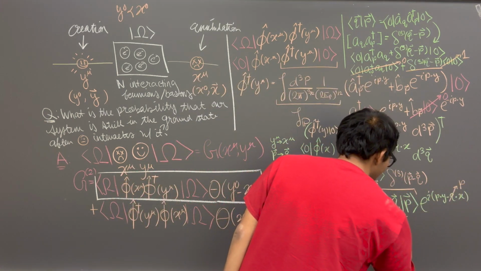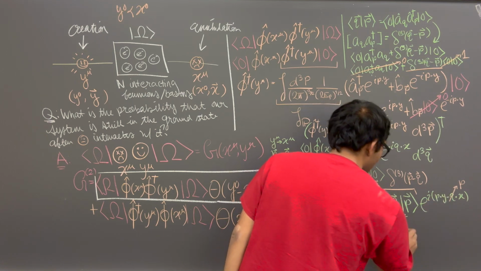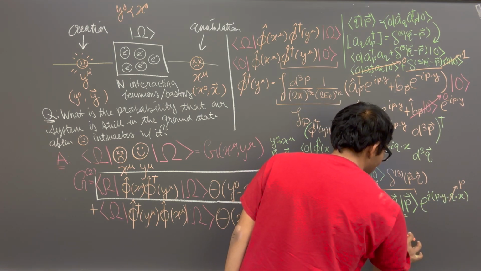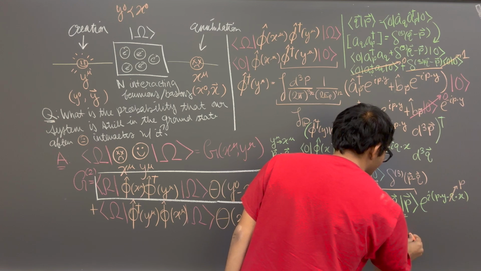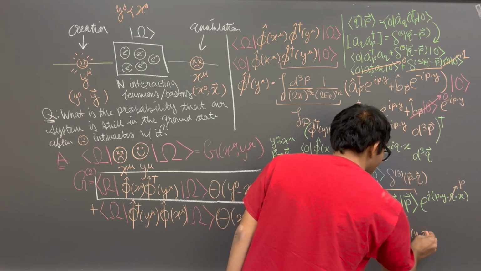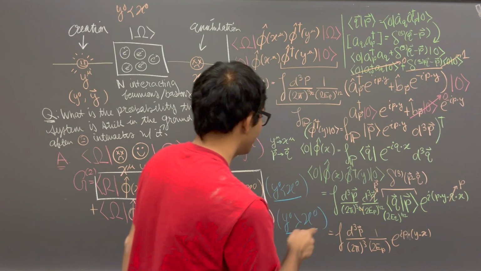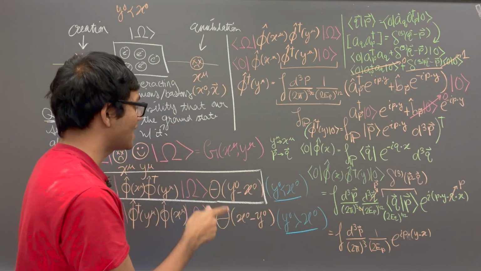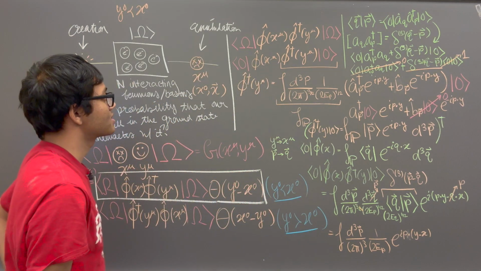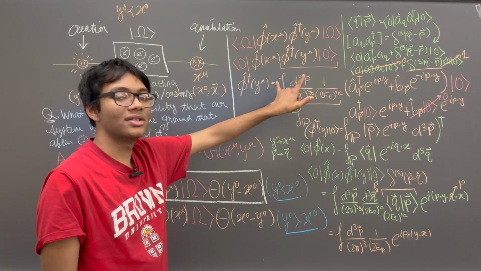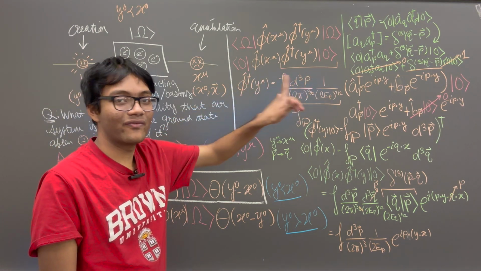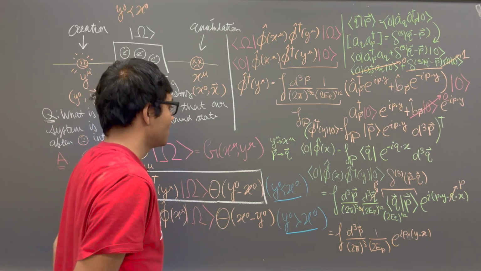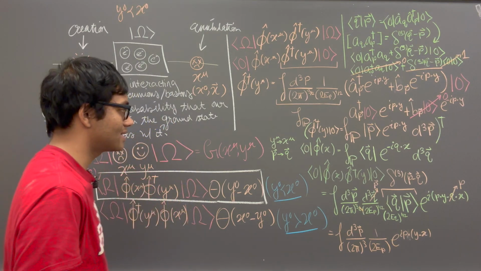and we're left with e to the i p·(y − x). Okay, so very good, very good. We've got our first vacuum expectation value. Okay, so this is a VEV, vacuum expectation value. That's a big deal. These are big steps.